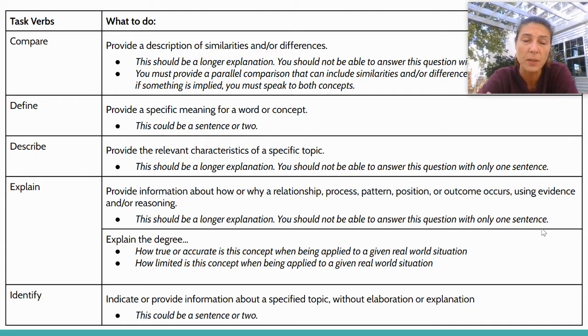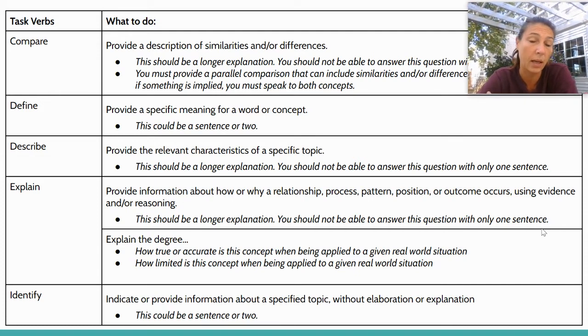So for example, if I'm saying compare absolute and relative location, you must say absolute location is this, whereas relative location is this. You have to speak to both concepts. Even if it seems like you're being redundant, even if it's going to be the opposite of what you just said, say it anyway. You have to, or you're not going to get points.